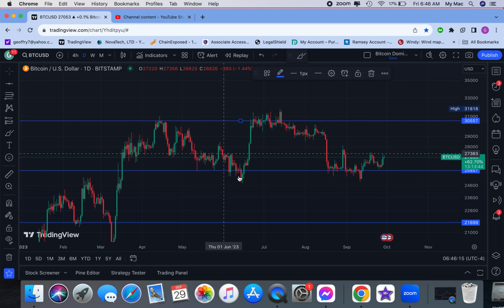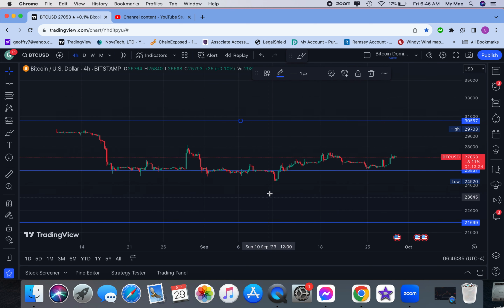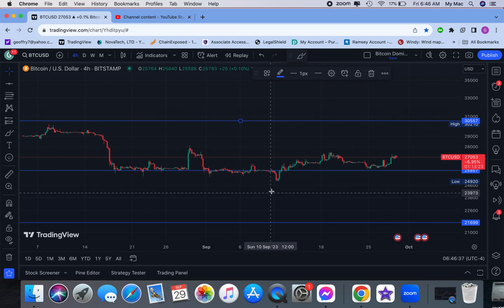So this is an accumulation zone, and once we break out of it, either to the upside or the downside, volatility will return. And something, a news event that could do that would be like the BlackRock ETF. So if we look at the 4-hour, you can see it even more.